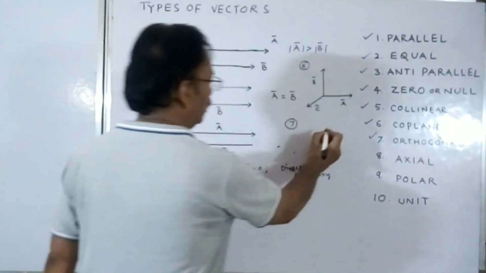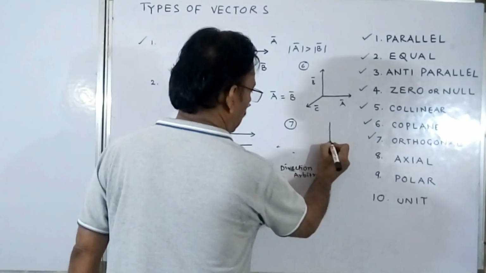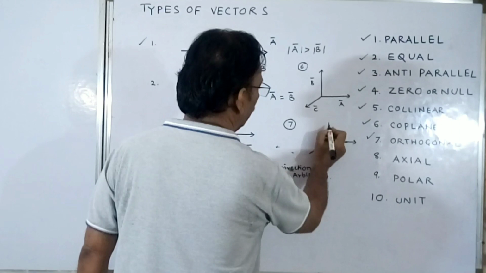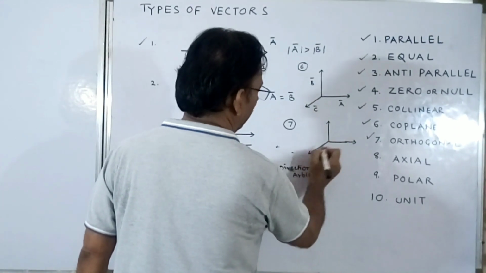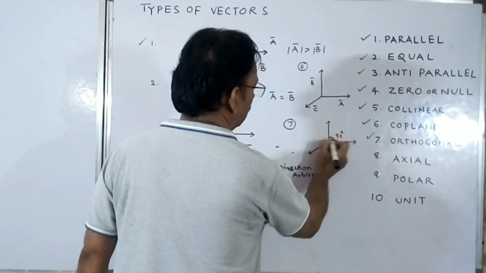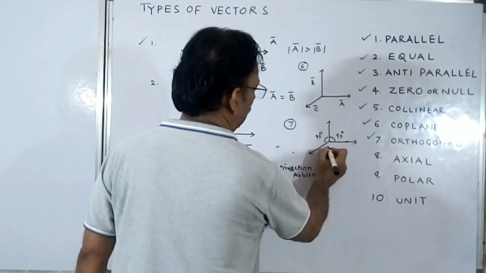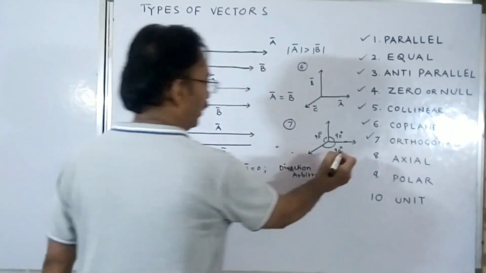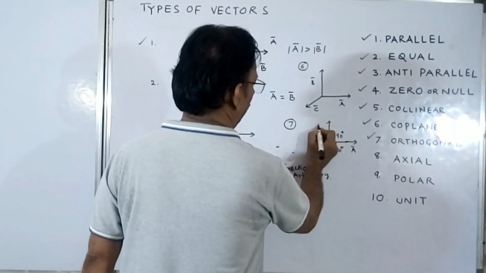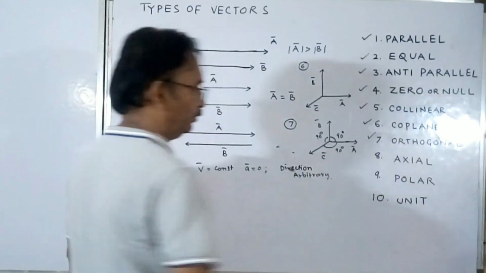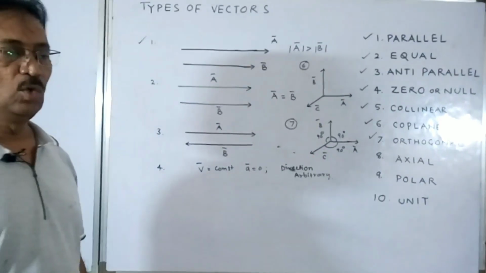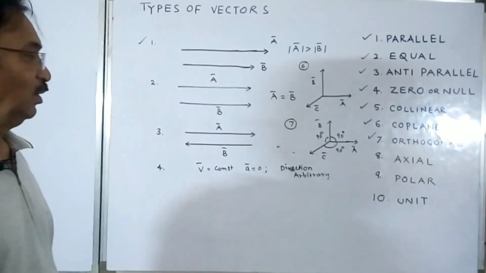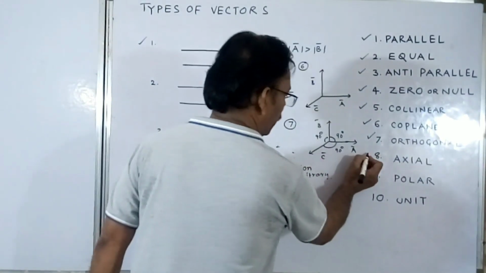If two vectors or three vectors are perpendicular to each other, that is the extension of it. If the angle between them is 90 degrees, we call them orthogonal. I hope you understood. If the angle between the three vectors, let's say A, B, and C, is 90 degrees, then we call those vectors orthogonal.